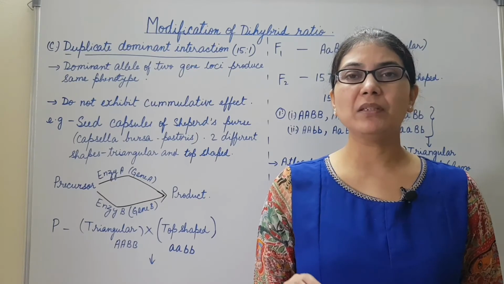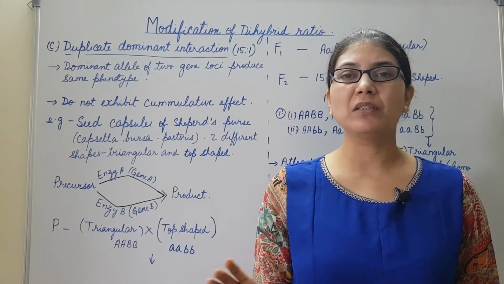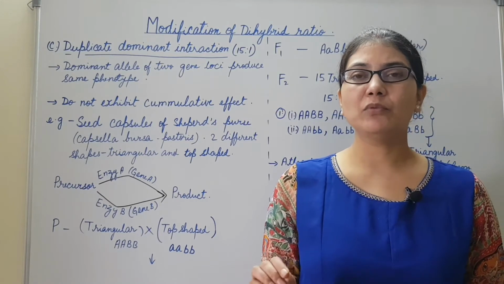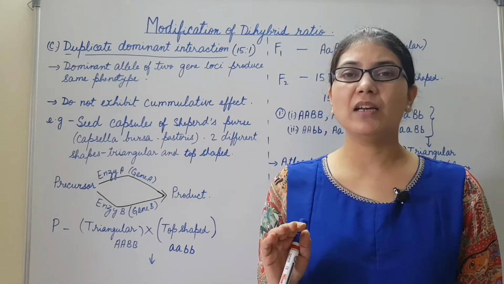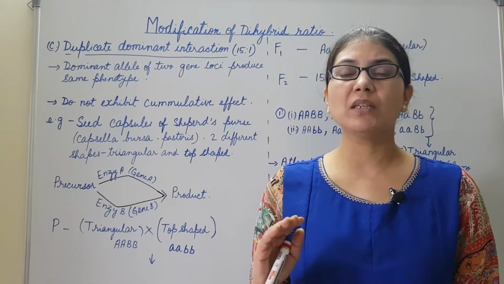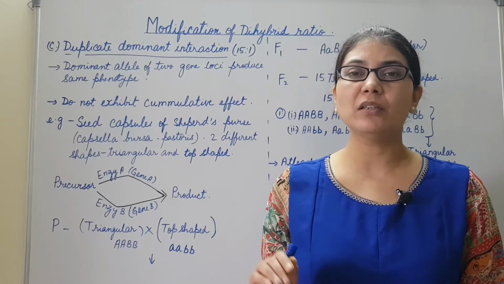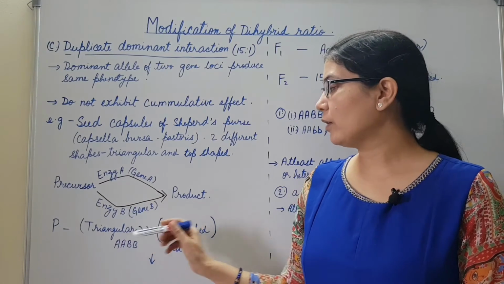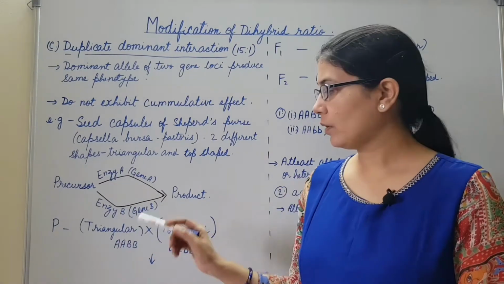One example is the seed capsule of shepherd's purse, scientific name Capsella bursa-pastoris. It has two types of seed capsules, one triangular shaped and the other top shaped. In the parental generation, triangular and top shaped are crossed.